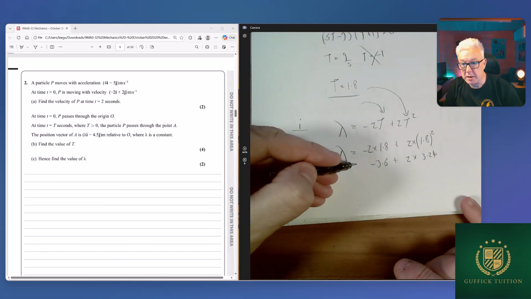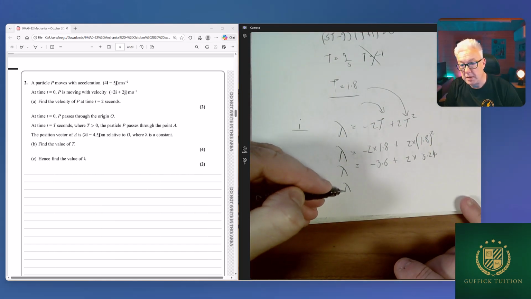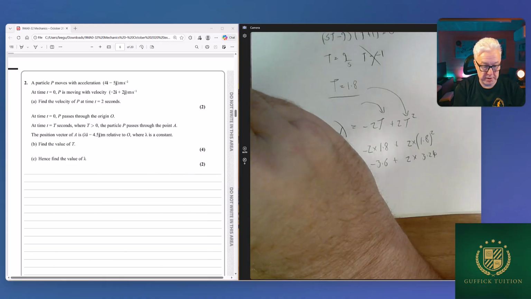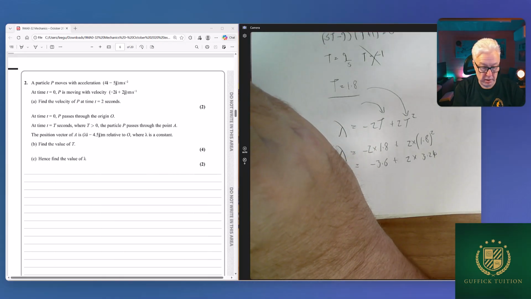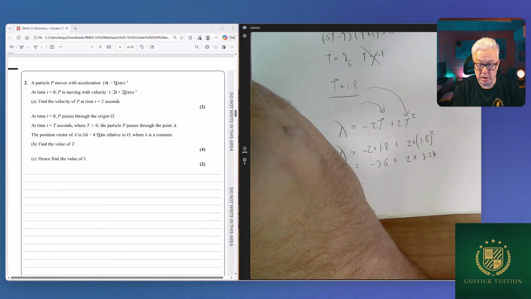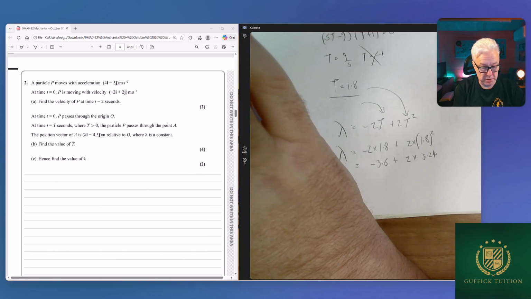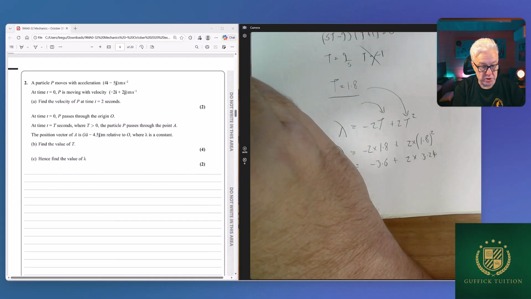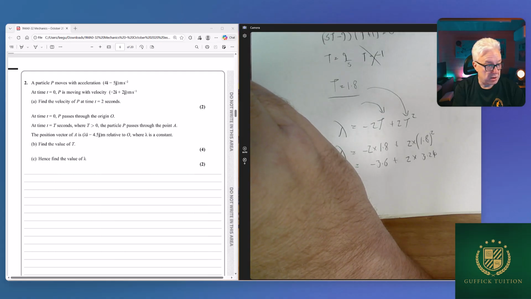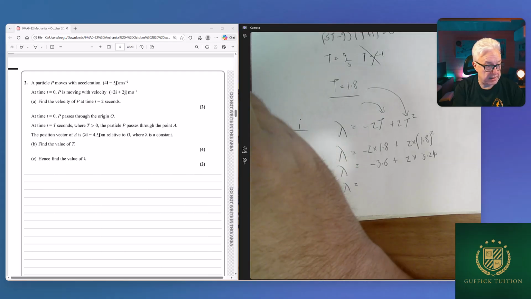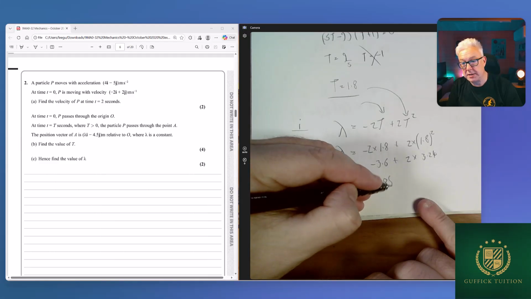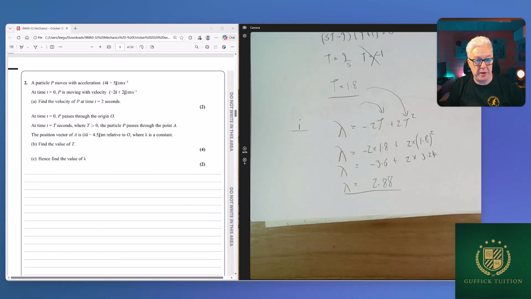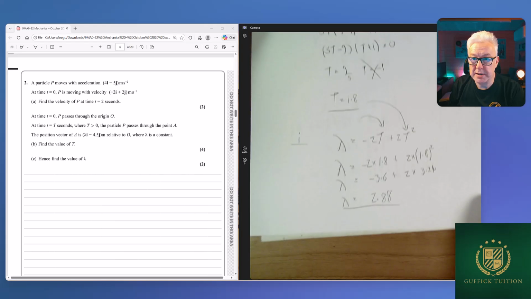So therefore lambda is going to equal minus 3.6 plus 2 times 3.24, which I'm getting as 2.88. So that is equal to 2.88, our value of lambda. And that is that question done.